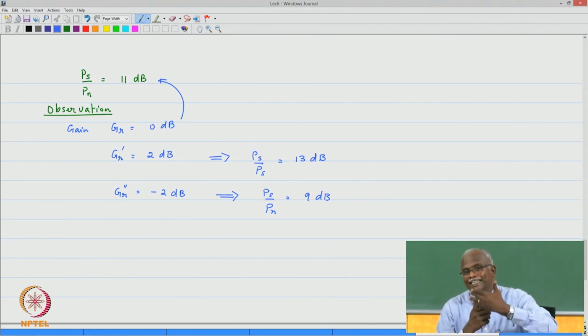So effectively the gain of the antenna, instead of being 0 dB, becomes minus 2 dB. So this is not by design, it could be because of the way it is used.